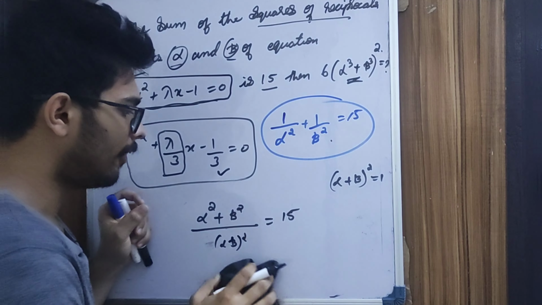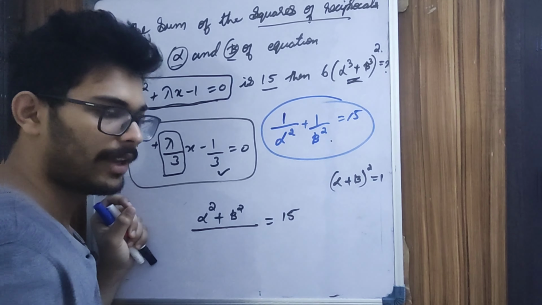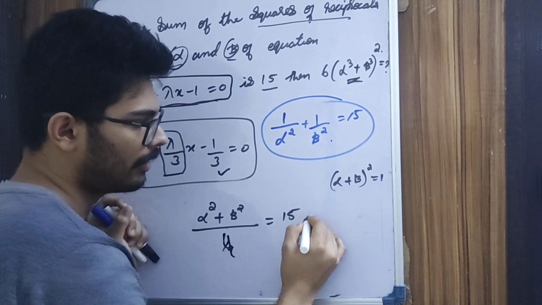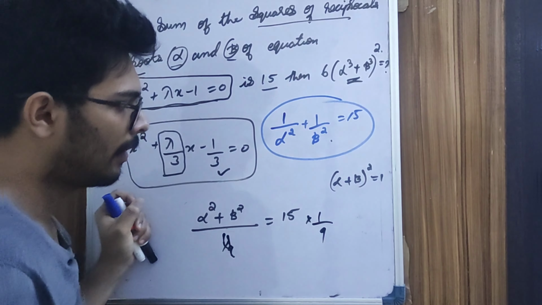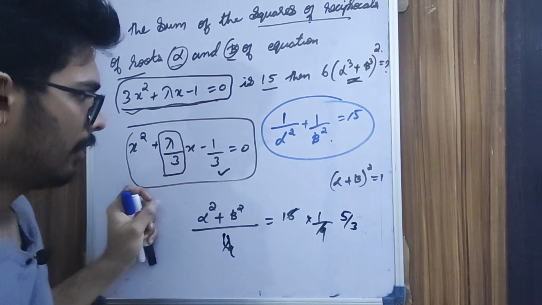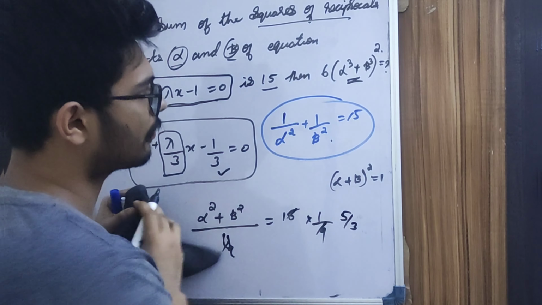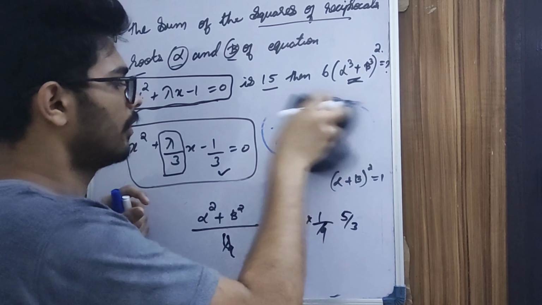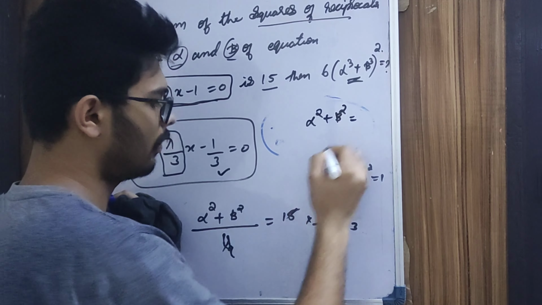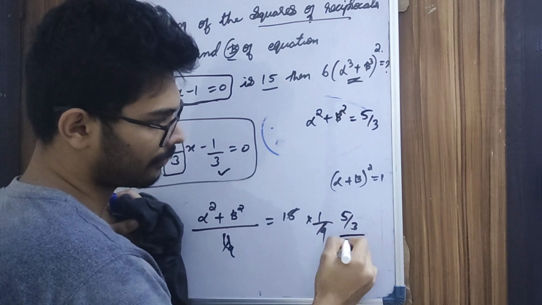Then what is the square of minus 1 by 3? Plus 1 by 9. Again I am multiplying this 1 by 9 to this side. So it will be 1 by 9 into 15, it will be equal to 5 by 3. So I have the value alpha square plus beta square is equal to 5 by 3.